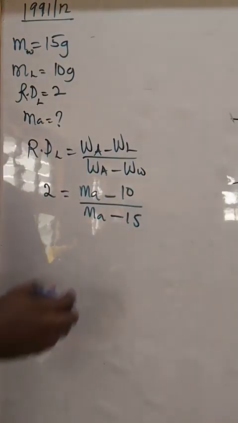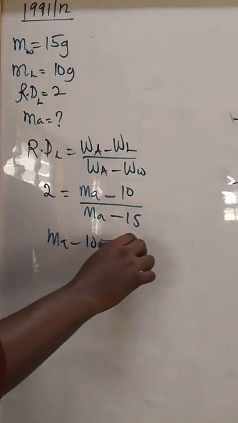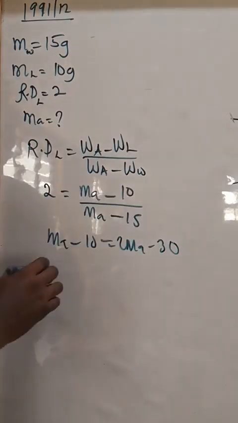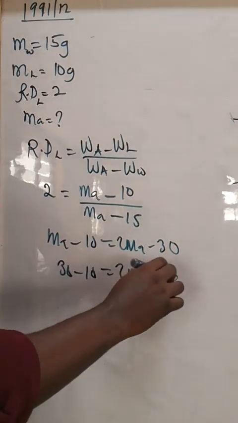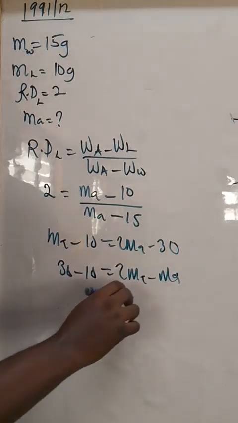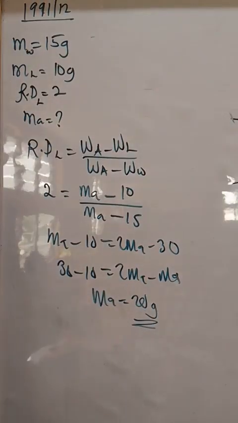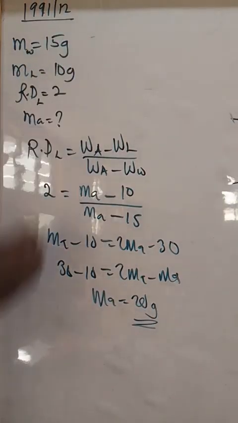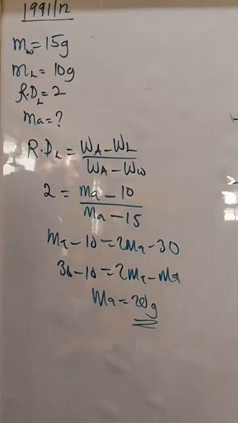You can finish it by yourself. You can multiply, you get MA minus 10 to MA minus 30. So bring 30 here: 30 minus 10 to MA minus MA. So MA equals 20 grams. The mass in air is 20 grams. Note, all these masses are apparent mass, because mass never changes. So they are apparent mass.